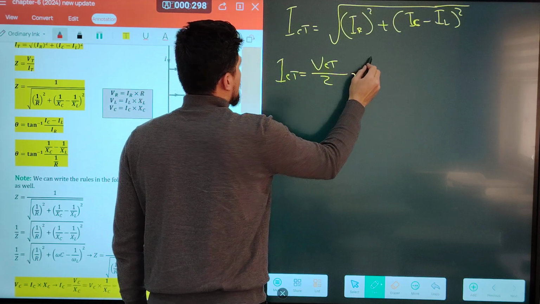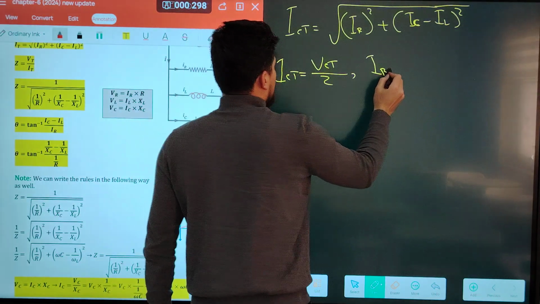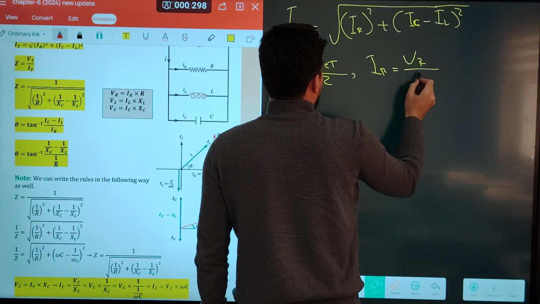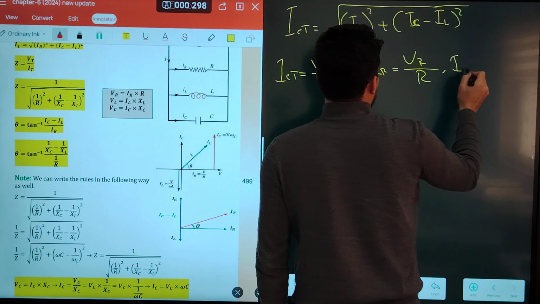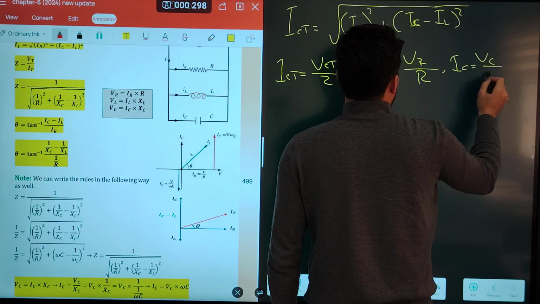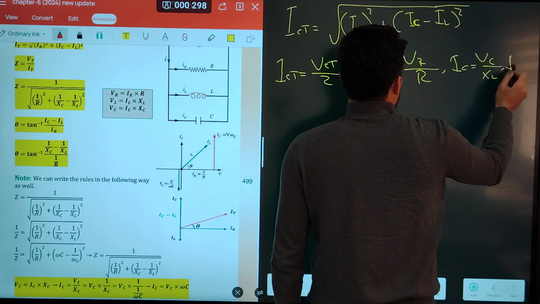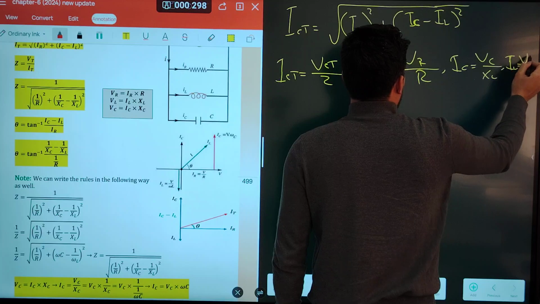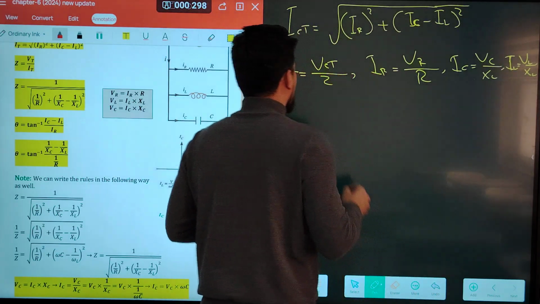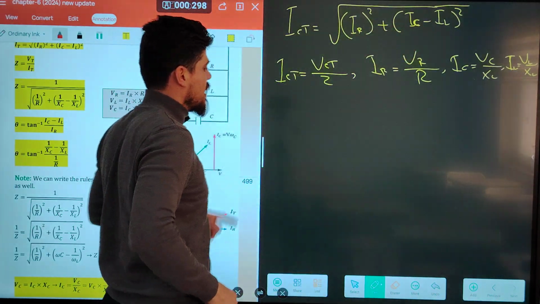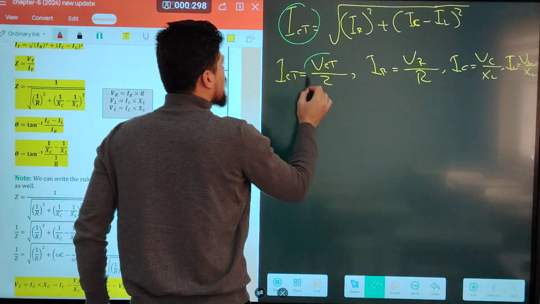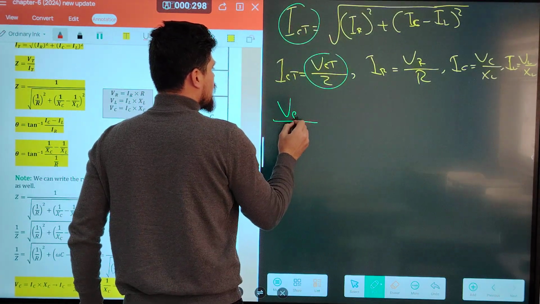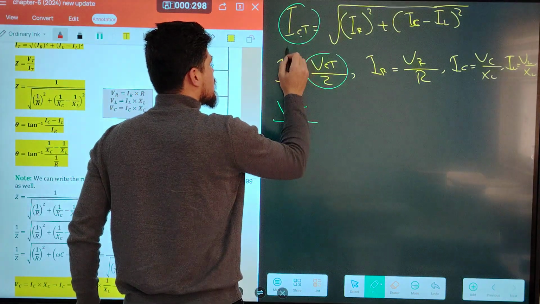V total over Z. IR is VR over R, IC is VC over XC, IL is VL over XL. Replace into this equation. Guys, look. And instead of I total, write down V total over Z.